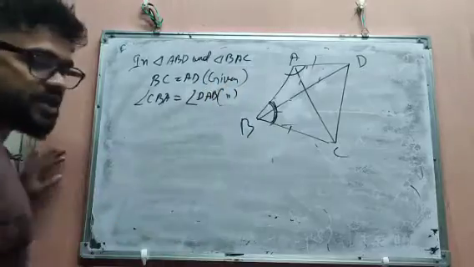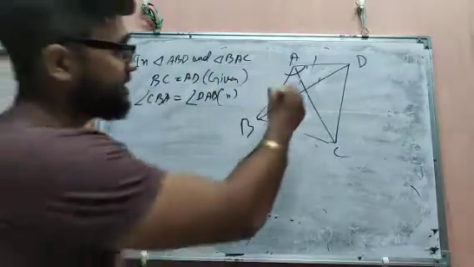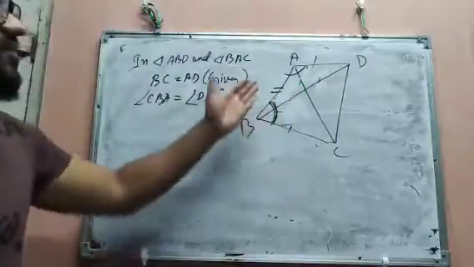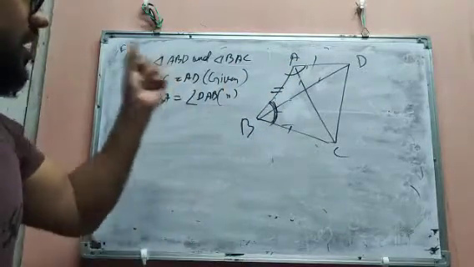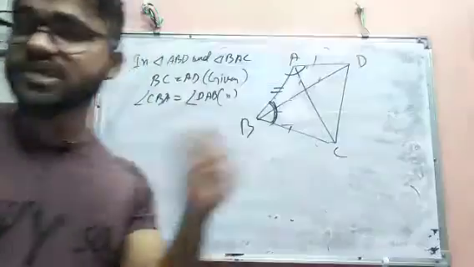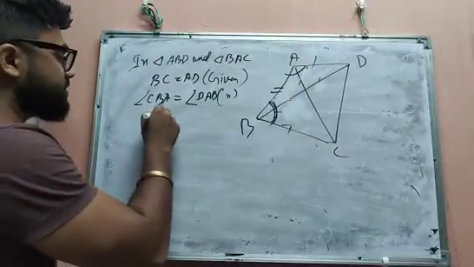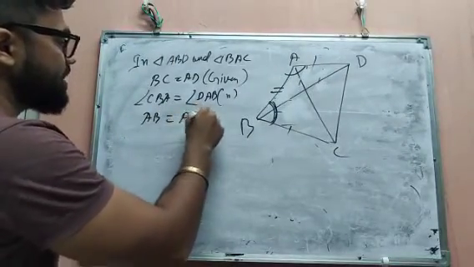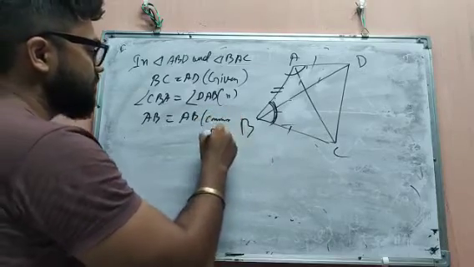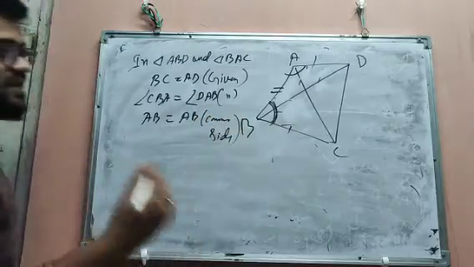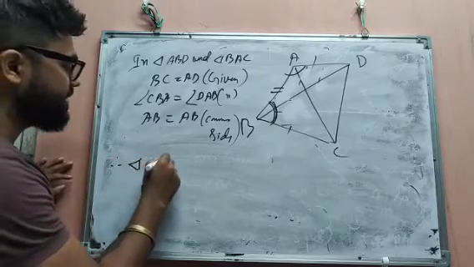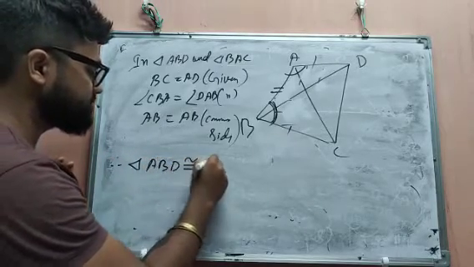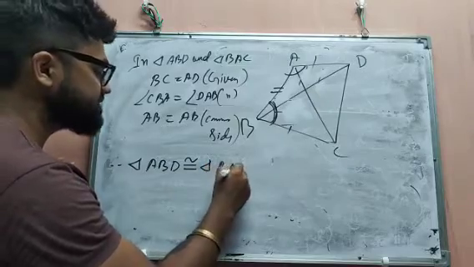This is also given. And lastly, you can see that the side AB is common to both triangles. Already I have told you that common sides are always equal, so we can write AB equal to AB, because they are common side. So you can say triangle ABD is congruent to triangle BAC.